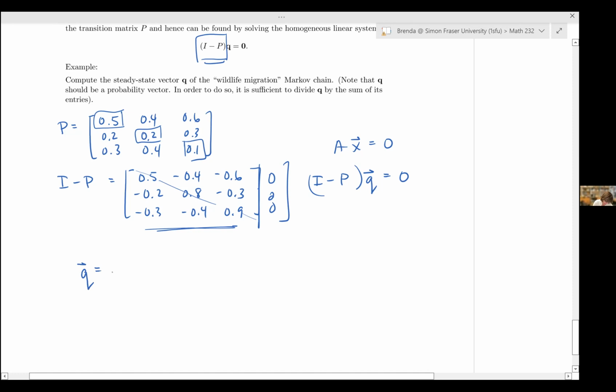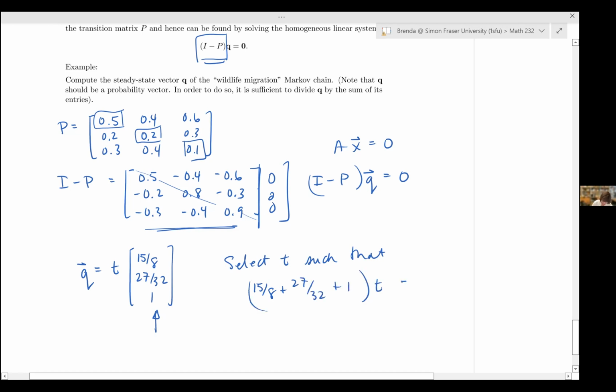You get this Q, it will be T times, this is what I got, 15 over 8, 27 over 32, and 1. Okay, now I'm going to select T. I want this to be a probability vector. So I'm going to select T such that the total, 15 over 8 plus 27 over 32 plus 1, times T is equal to 1.